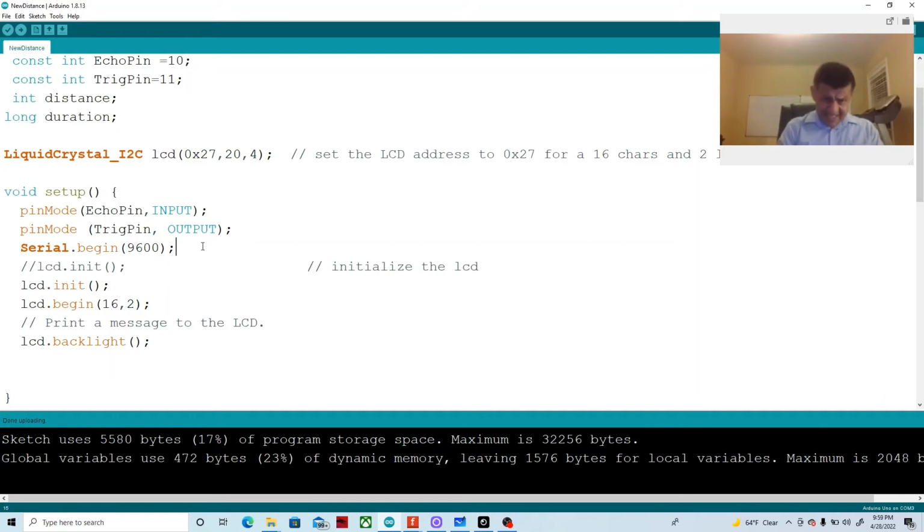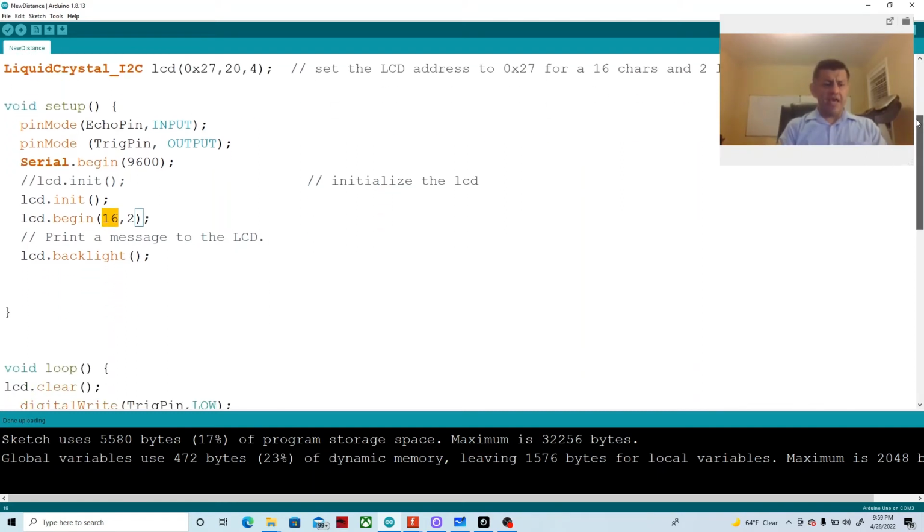Now right here, we actually declare the LCD. LCD.begin is a function from the LCD library. LCD.begin 16 and 2. Those are 16 columns and 2 rows in the LCD, which I am going to show you very soon.